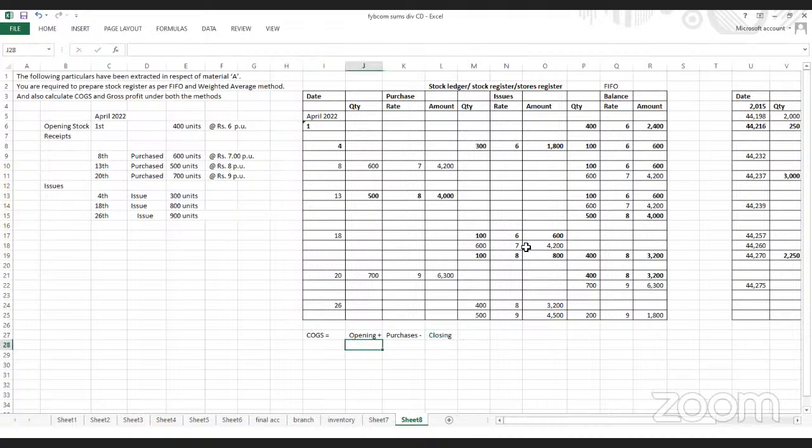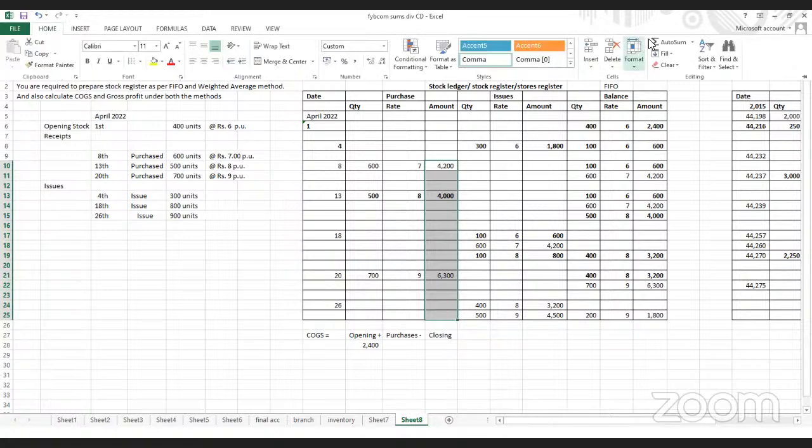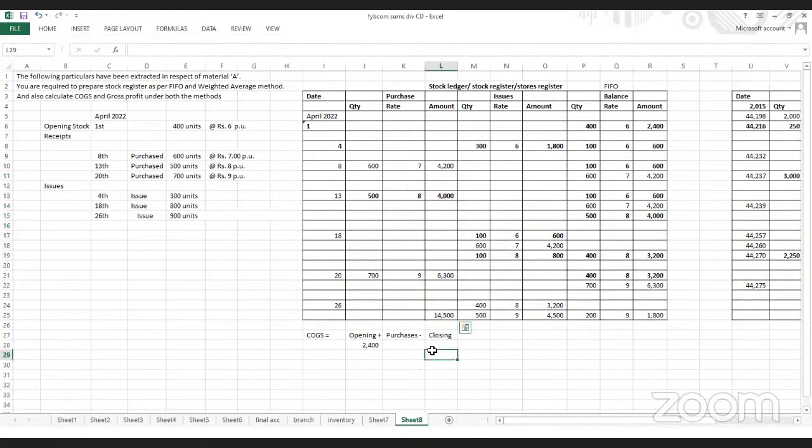So as per FIFO method, my opening stock was 2,400. The very first date, we had opening stock of 2,400. Then plus purchases, we have to add all the amounts in the purchase amount column.